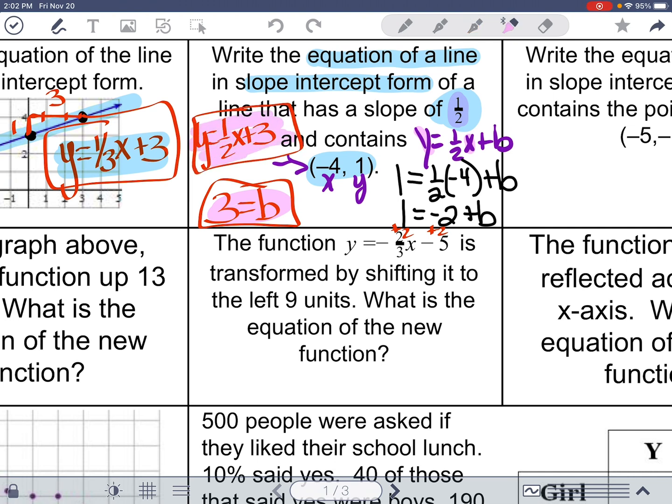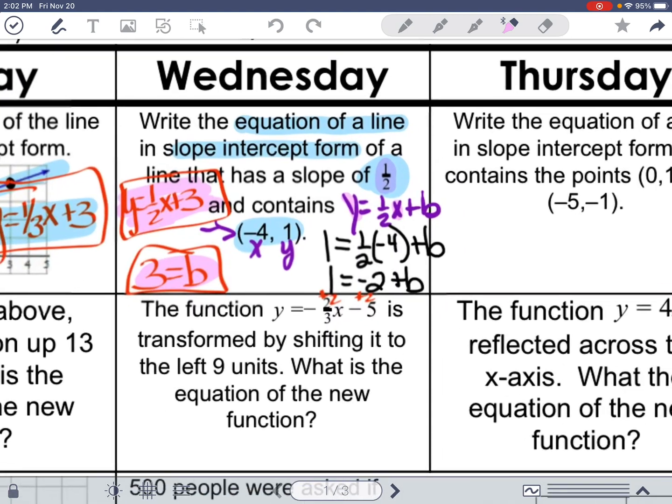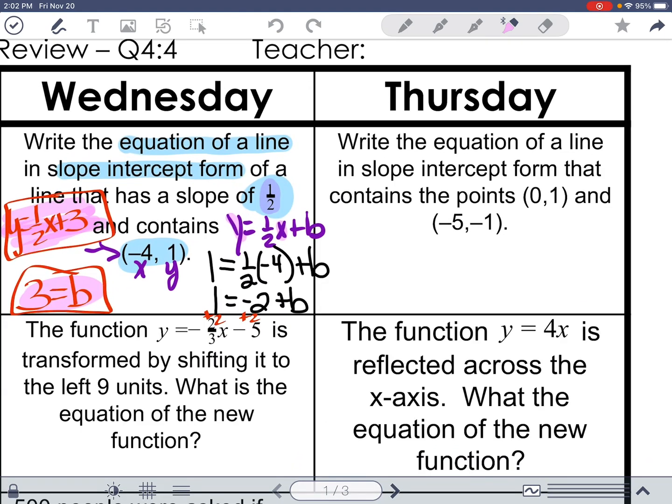All right, let's go across to Thursday. Write the equation of the line in slope-intercept form that has this point and this point. So we need two things to write that equation. We need the slope and we need the b. Well, we can calculate the slope from 2 points by using the slope formula.